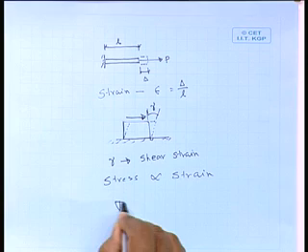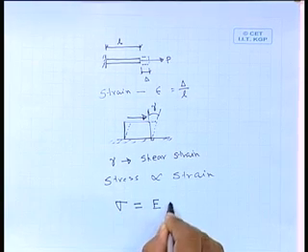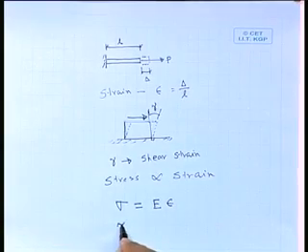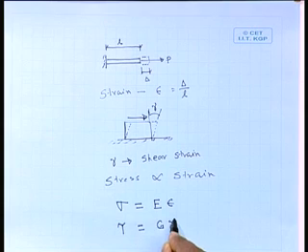Now, if we take a normal stress sigma, it can be written as E into strain. If we take a shear stress tau, that will be taken as G into gamma.